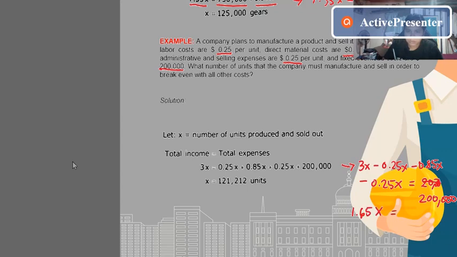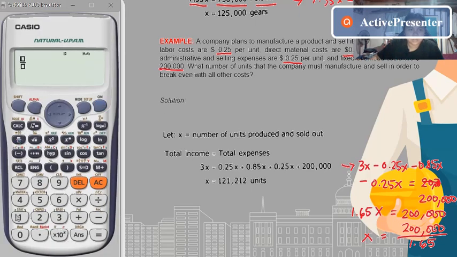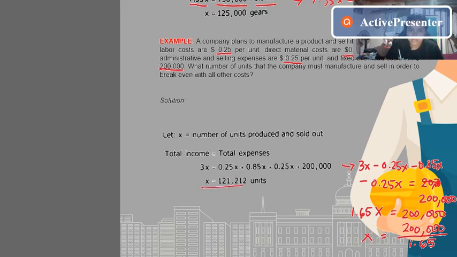So 1.65x is equal to 200,000. Solving for x, we have 200,000 divided by 1.65. Let's check: 200,000 divided by 1.65. So our x will be 121,212 units. So this will be our x.